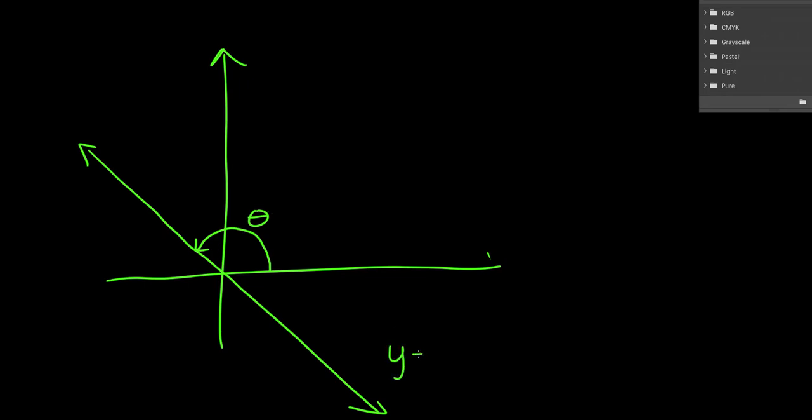Okay, so it says find in radians the measure of theta. It goes through the origin, and theta is measured from here to here. And then they tell us the equation of the line.